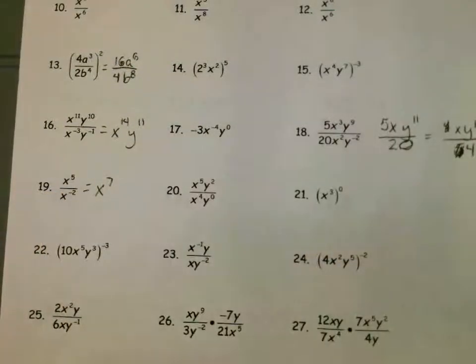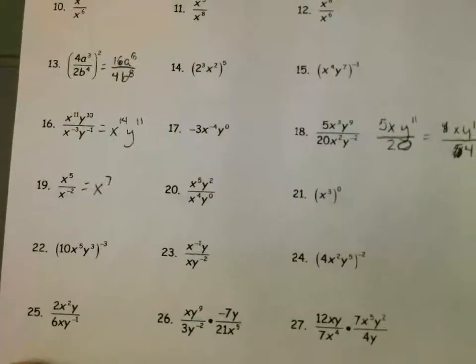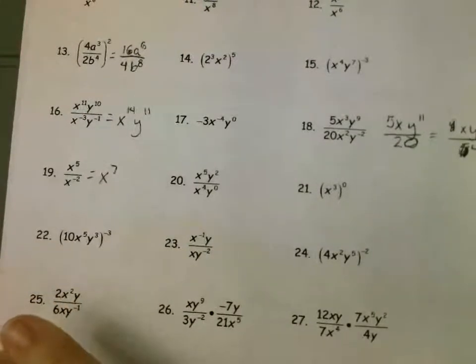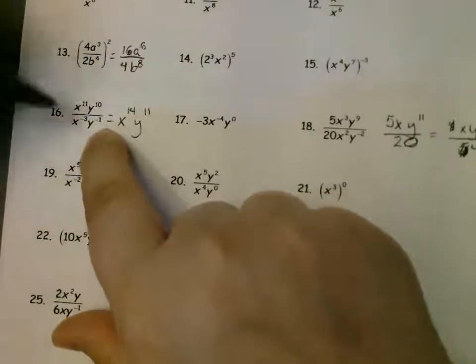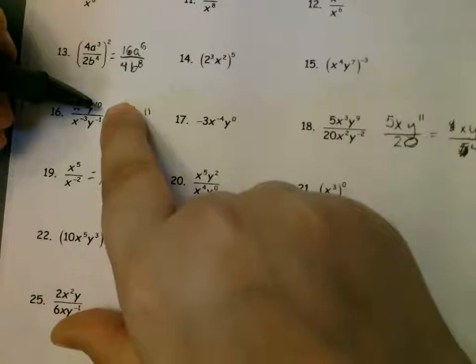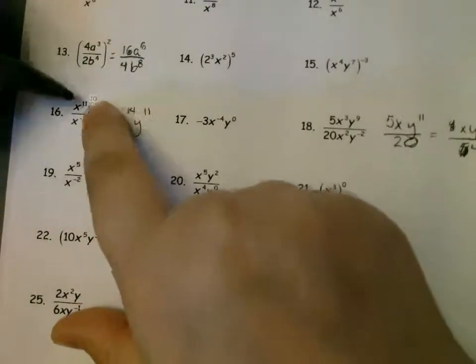All right. I know that I said we're not going to be working a whole lot with negatives, but I do think it's important that we understand what they do, which is just change the placing. In other words, if I thought about this the other way, I could have said, okay, I'm going to put y to the power of 1 on top. Y times y to the power of 1 would be y to the power of 11.